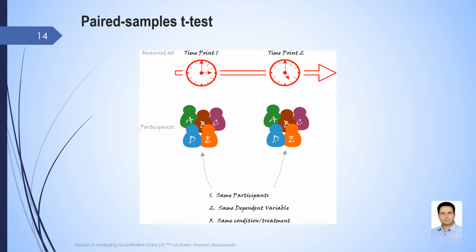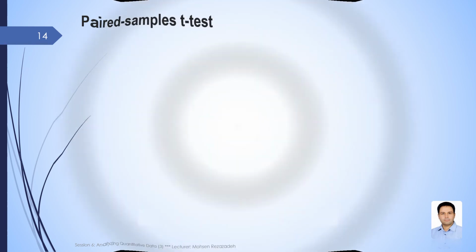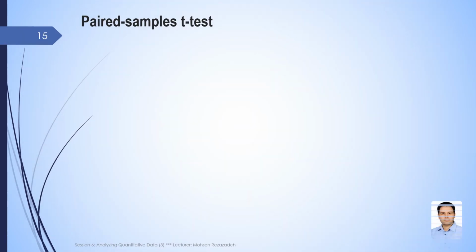A common use of this is in a pre-test, post-test study design. In this type of experiment, we measure participants at the beginning and at the end of some kind of intervention. Here is an example.